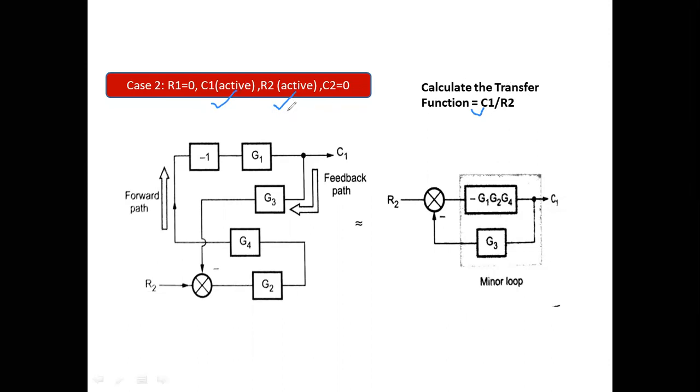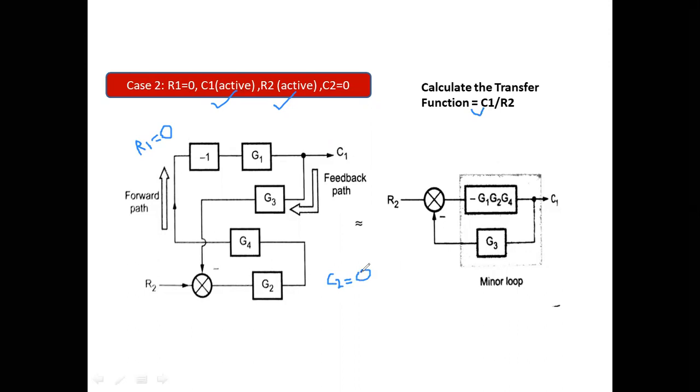So I have considered C1 and R2 as active, and R1 would be 0 and C2 would be 0. That is why I put the value of R1 equal to 0, and likewise the value of C2 equal to 0.